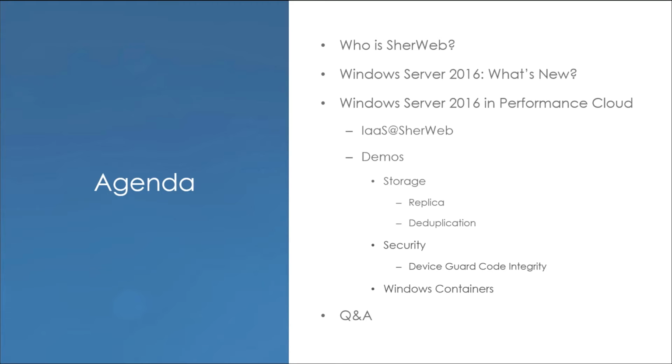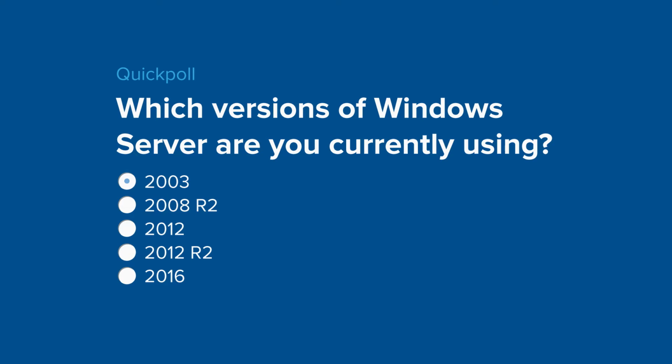Before we tell you a little bit about ourselves, we wanted to just ask two quick poll questions to find out more about who's joining us today. So without further ado, let's get right into it. The first poll question, I'm just going to bring it up here. You should see it on your screen now. So which version of Windows Server are you currently using? I'll give you guys about 30 seconds to answer the questions.